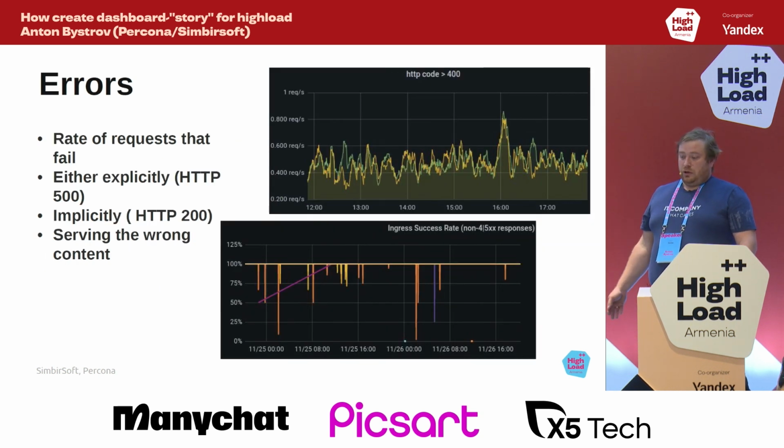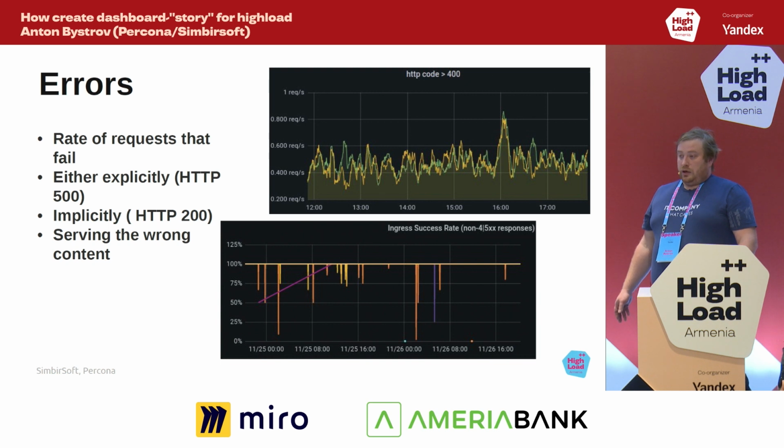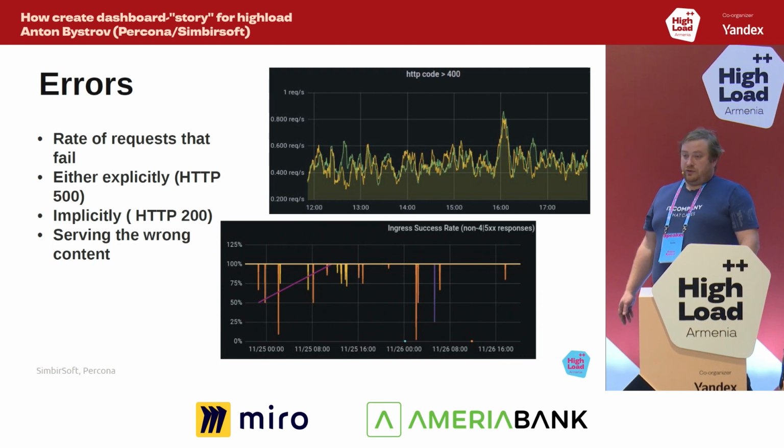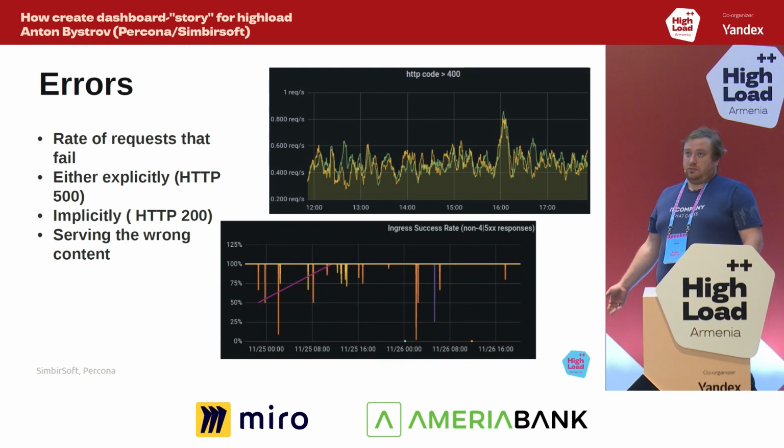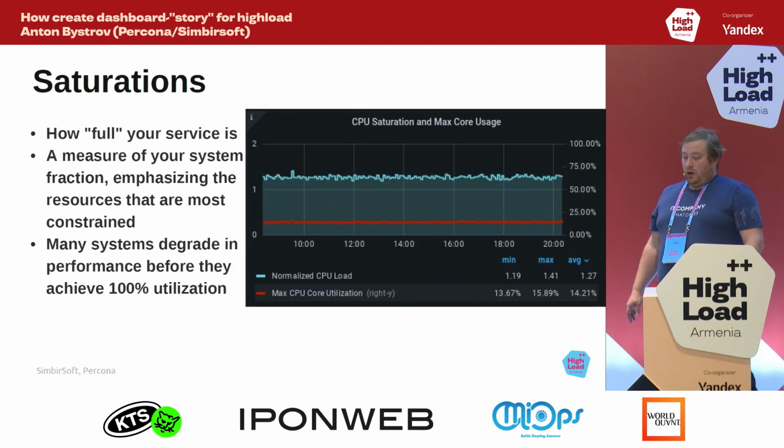As I mentioned earlier, the next important metric is errors. It means the rate of requests that fail, how many requests fail. The next is saturation: how full our system is.